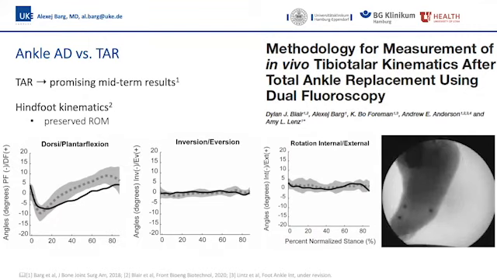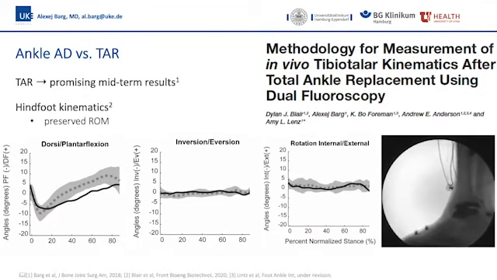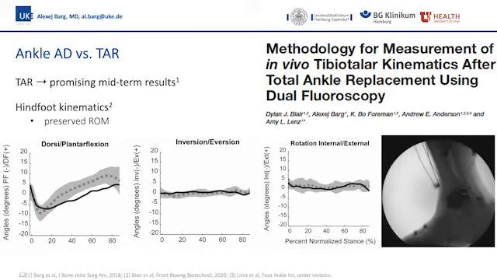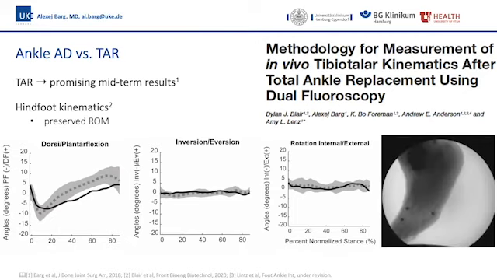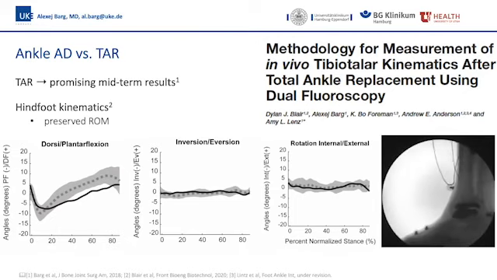So we did this also with ankle replacement, and gray is the normal, and the black line is one ankle replacement using Zimmer, and it's not perfectly on the gray line, but very similar. And in the meantime, we did it in 6 patients, and we submitted these results to Foot and Ankle International.